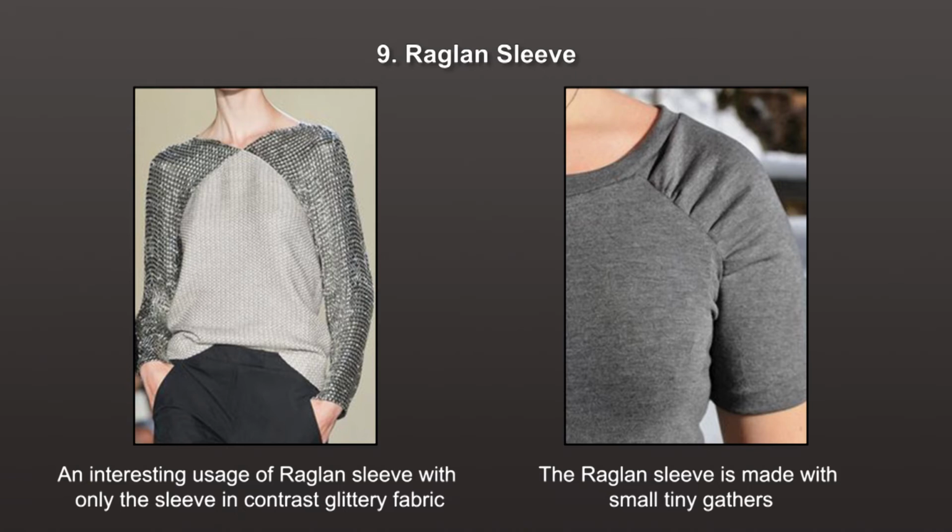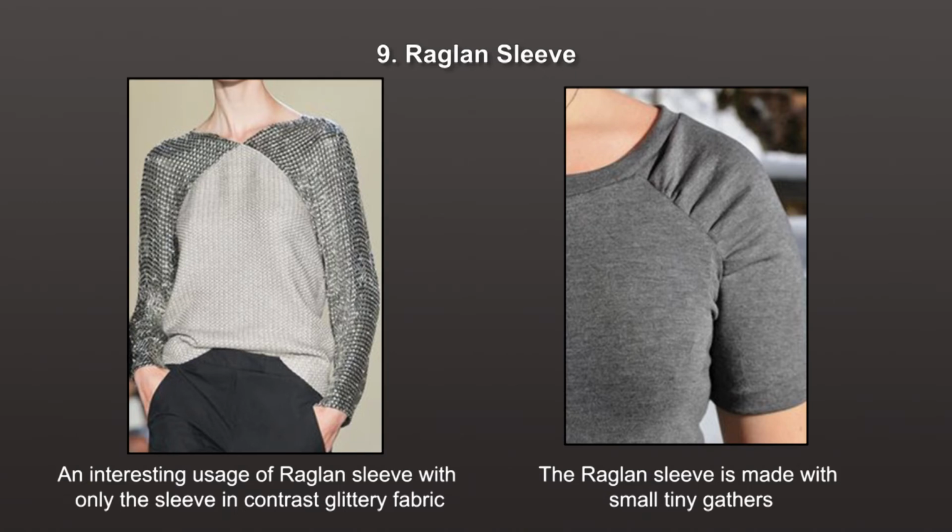The first image is from Vivienne Westwood at New York Fashion Week, Spring 2015. What we can see is an interesting usage of Raglan sleeve with only the sleeve in contrast glittery fabric.